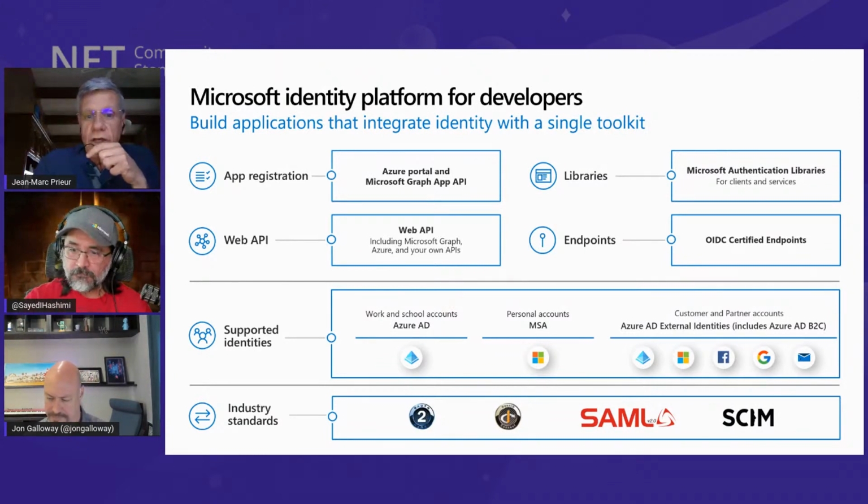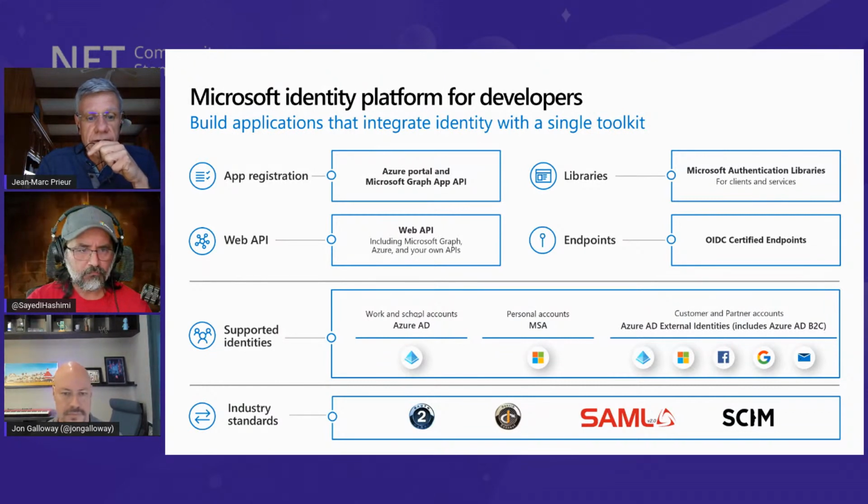We have Azure AD itself, which is made of endpoints which are certified, compliant to OpenID Connect. And that supports several types of identities: work and school accounts, so for professionals or organizations, that's what we name Azure Active Directory; personal accounts, which we also name Microsoft MSA, that's the nickname internally; and then also external identities like Facebook, Google, or LinkedIn.